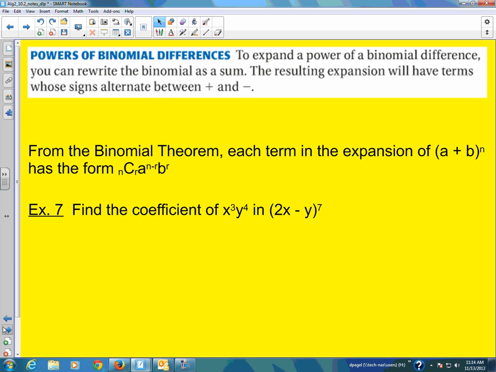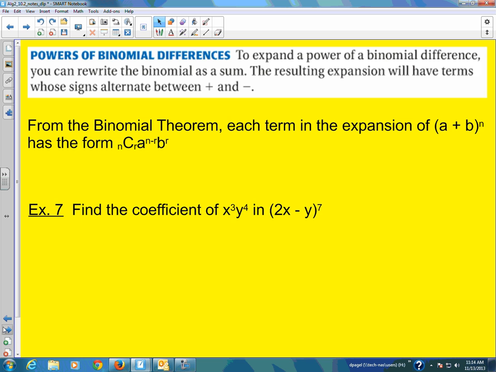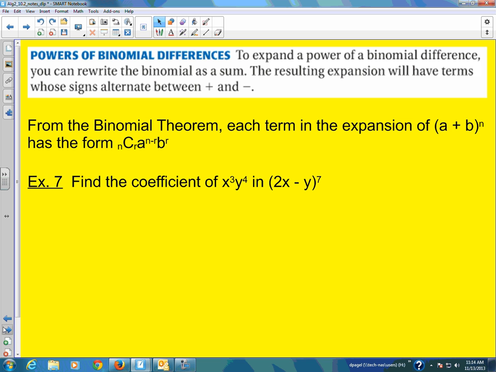All right, so from the binomial theorem, each term in the expansion of a binomial raised to a power of n has the form nCr, a to the n minus r power, b to the r power. This is very helpful if I'm going to shortcut a little bit, figuring out what the coefficients are for certain terms.